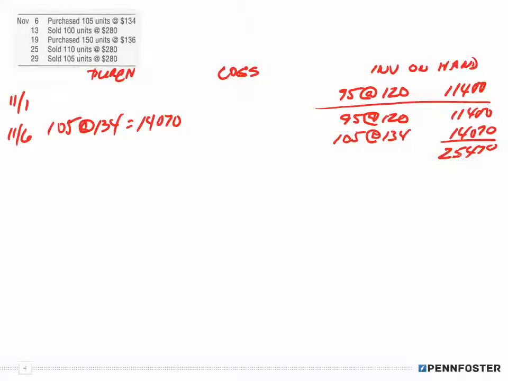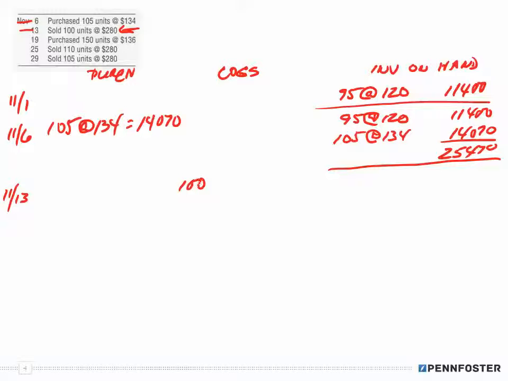My total inventory on hand at that point in time is 25,470. Okay. All right. So now on the 13th, we're going to sell 100 units. Okay. And we're selling them at $280. Well, that $280 will come into play when I need to make the journal entries for these transactions.